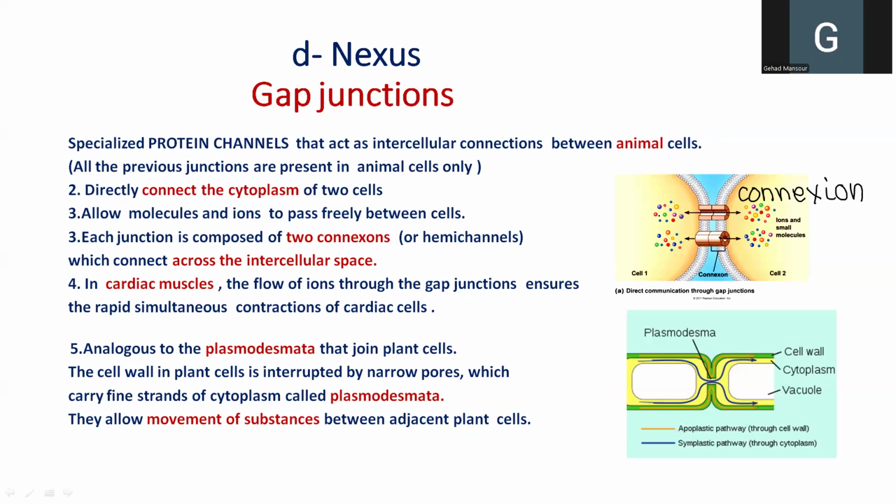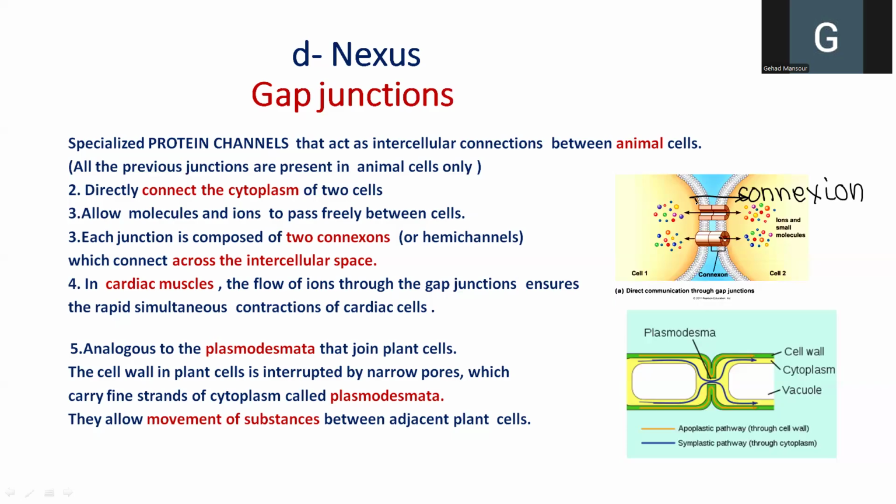And as you can see, each connexon passes across the intercellular space. So it passes across the cell membrane first and then across the space between the two cells to reach the other cell. And they allow the flow of ions for ensuring rapid, simultaneous contraction of the cardiac muscles.